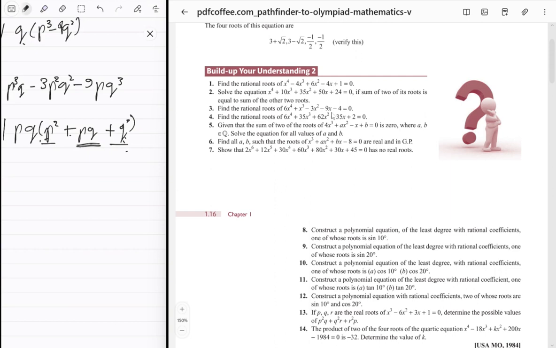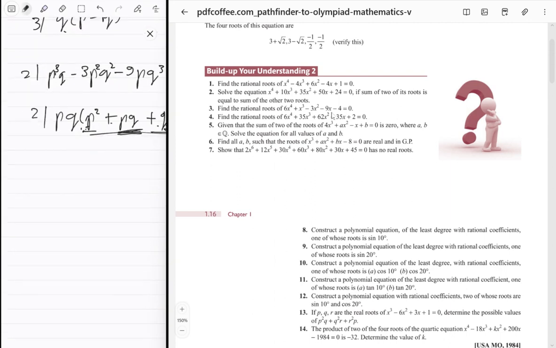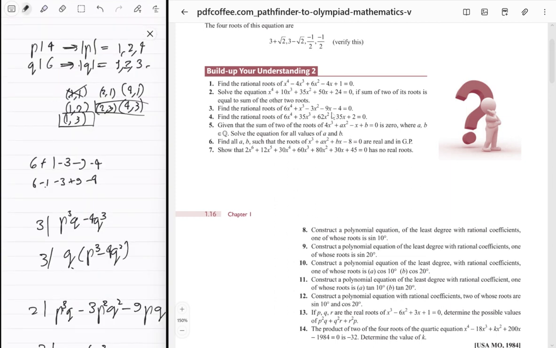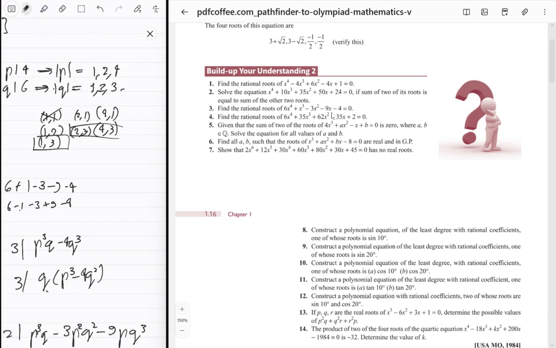If P is odd, Q is even, or the inverse, that's an odd number and that's an even number, so it still doesn't work out, which means that actually it cannot ever divide this thing. So 2 cannot divide this thing, it has to divide one of these guys. So you can divide P, that's probably what's going to happen, or it could just divide Q. If it divides Q, then you've got Q equal to 2, which is this thing.